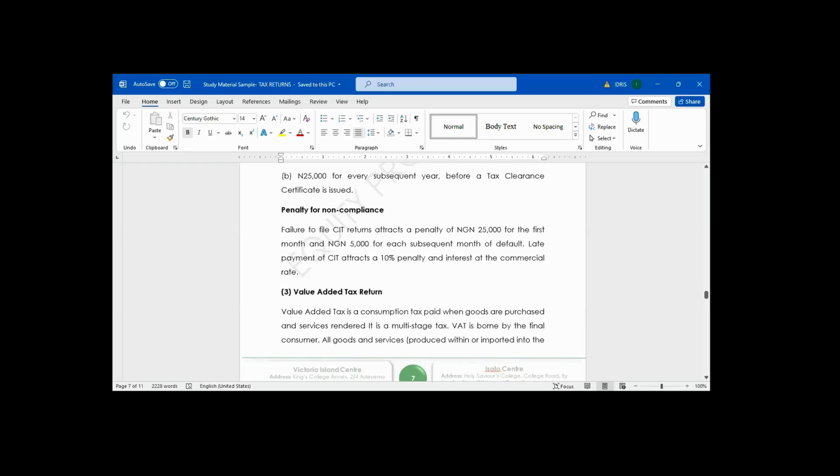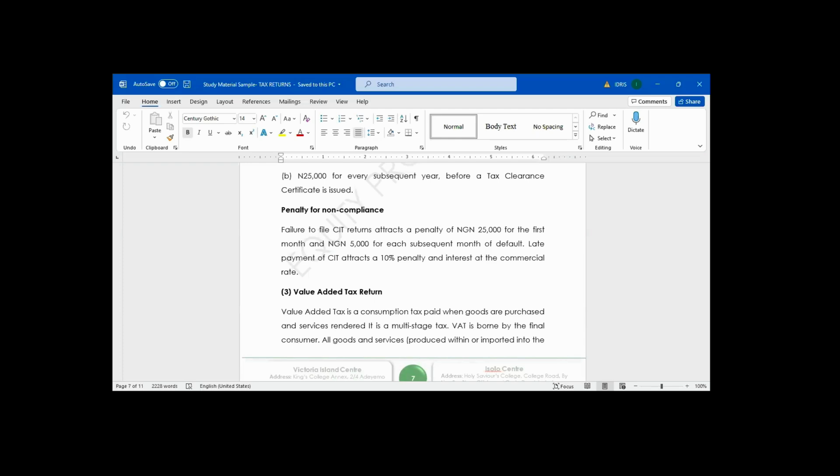That is the penalty for late filing of company income tax return.